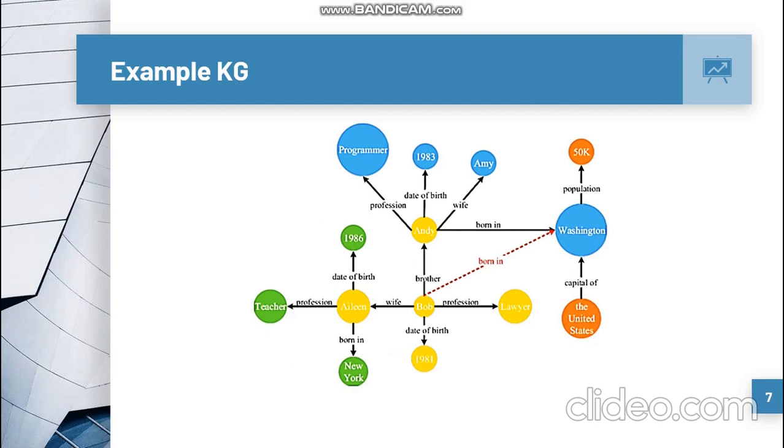For example, the arrow between Andy and Washington is directed towards Washington, and the relationship is defined as born in. That means Andy born in Washington. Similarly, the relationship between Washington and 50K is population. That is, Washington has 50K population.